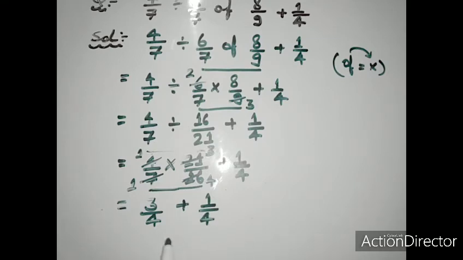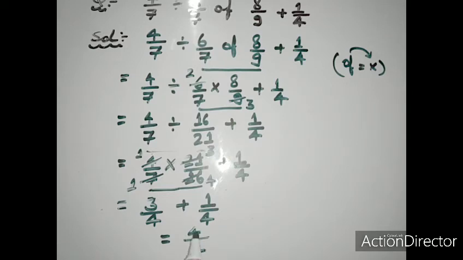And dear students, you all know that these both fractions are like fractions, because these both fractions have the same denominator 4 and 4, and you all know how we add like fractions. So we take 4 as a common denominator, and after that we add two numerators here, 3 plus 1, and 3 plus 1 is equal to 4, right?